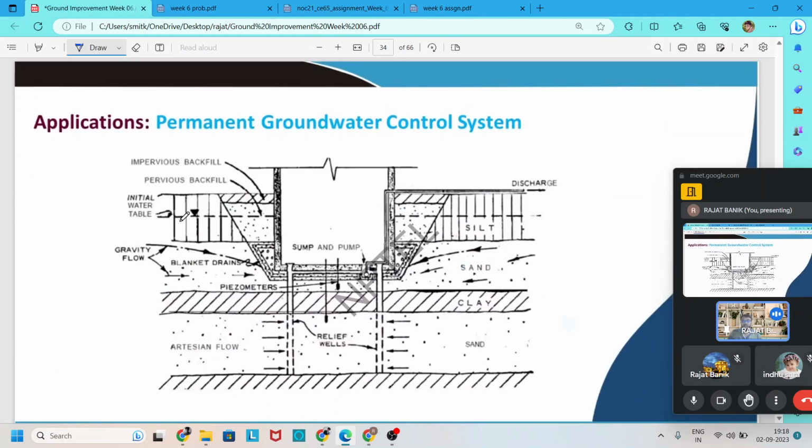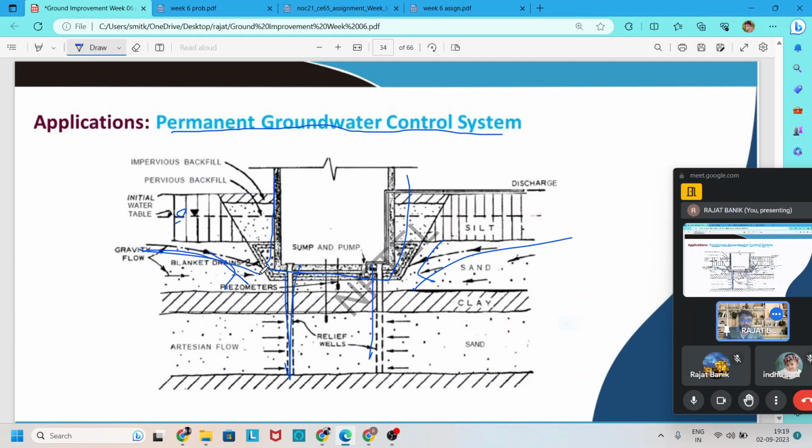Moving forward, another arrangement is given. It is for permanent groundwater control. That means in a permanent way we lower the groundwater table or maintain it at some great depth. For that, pumps are installed and a pipe is inserted, and water is collected from the surrounding soil, and the original water table is here.